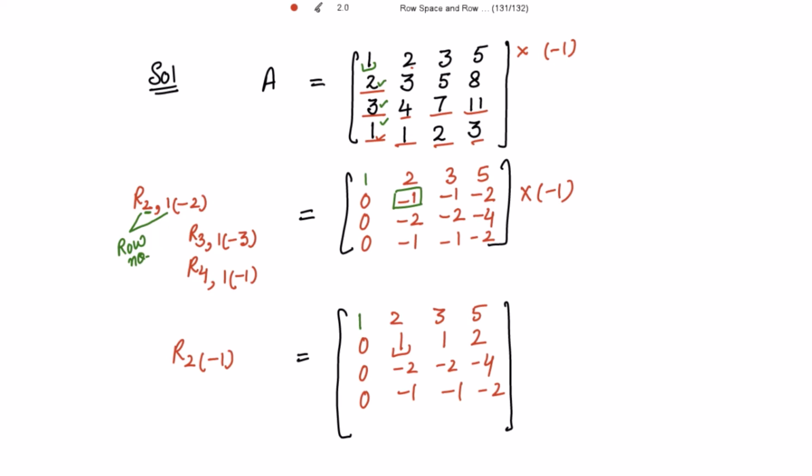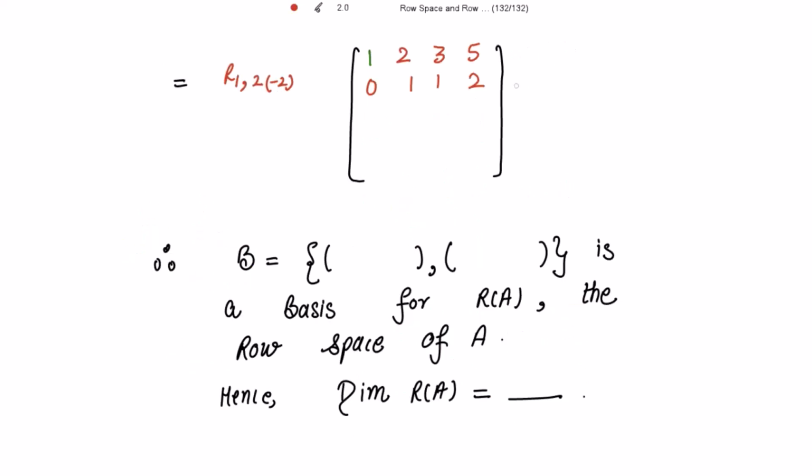To make this a leading entry, all other entries should be 0. Just multiply the elements of row 2 with negative 2 and add this to the elements of row 1. So we are going to change row 1, but row 2 should be multiplied with minus 2 first. Multiplying 0 with minus 2 and adding this to the first row element, we get 0 plus 1 as 1 only, right?